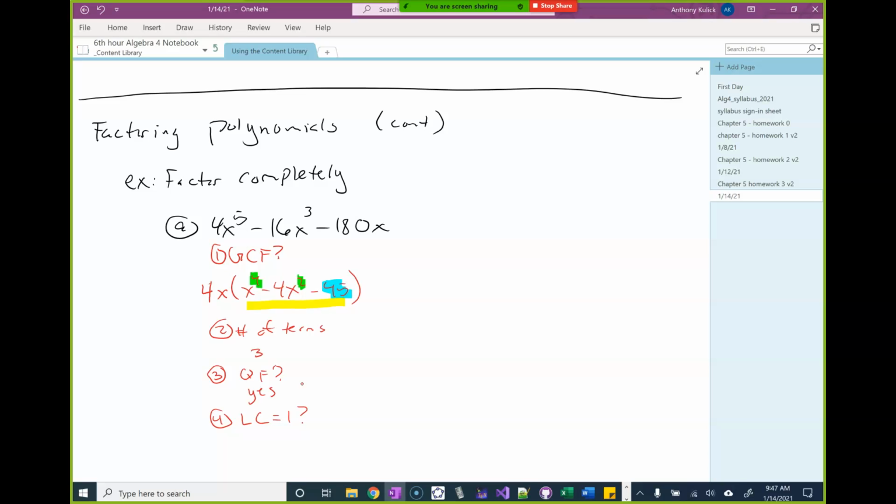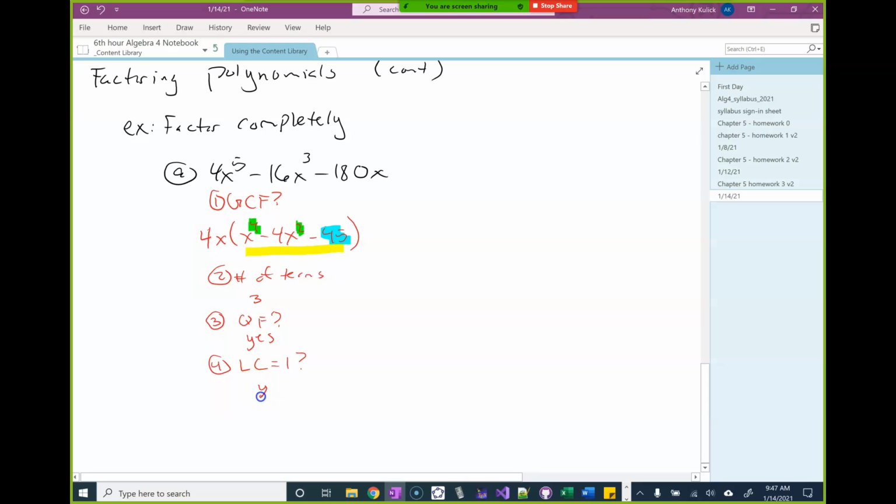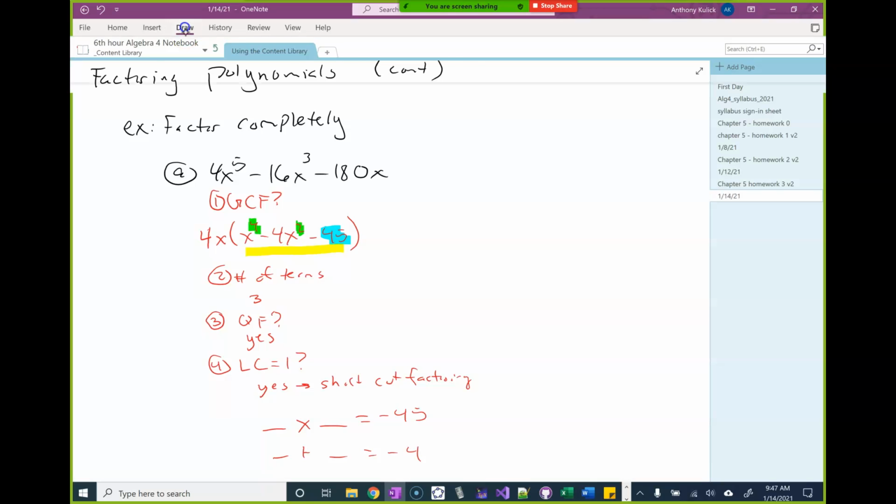So we just need to find the 2 things that multiply to give us negative 45 and add to give us negative 4, just like we did when we factored quadratics. What are the 2 numbers that work? Negative 9 and positive 5, excuse me. Everybody agree with that? Okay.